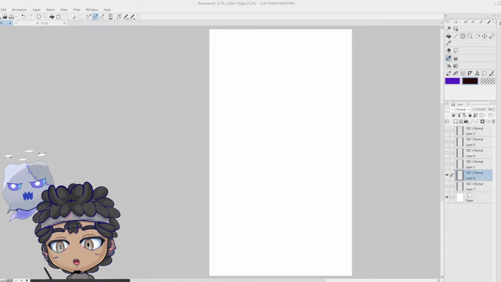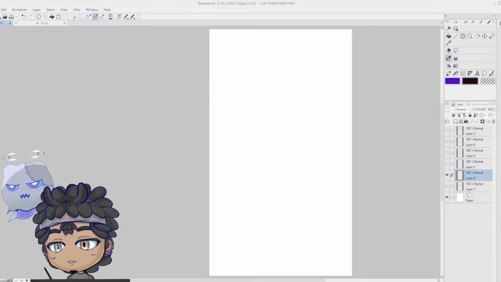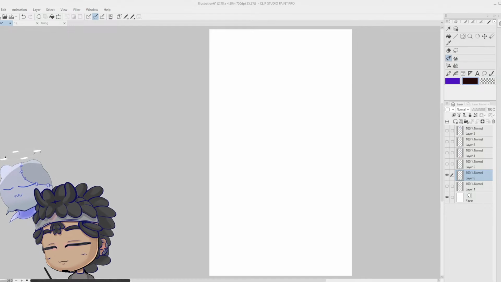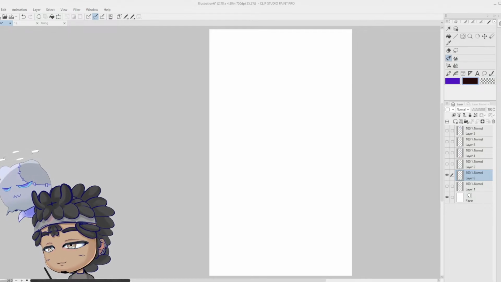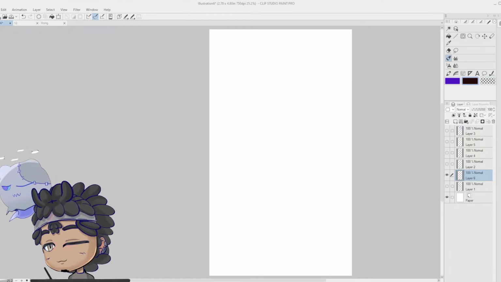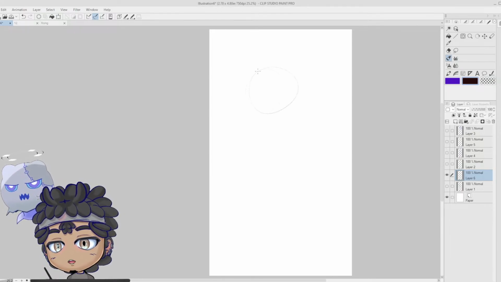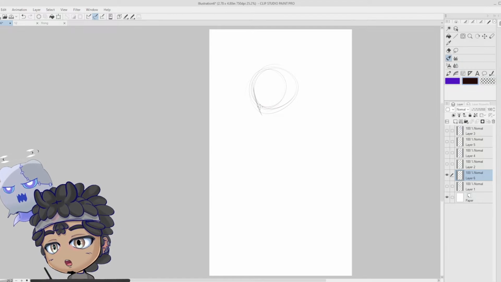It's the face. Okay. So when you say the face, you're referring to mainly the eyes and the nose, correct? Okay, so let's say you already know how to draw the head, so I don't need to explain that part per se.